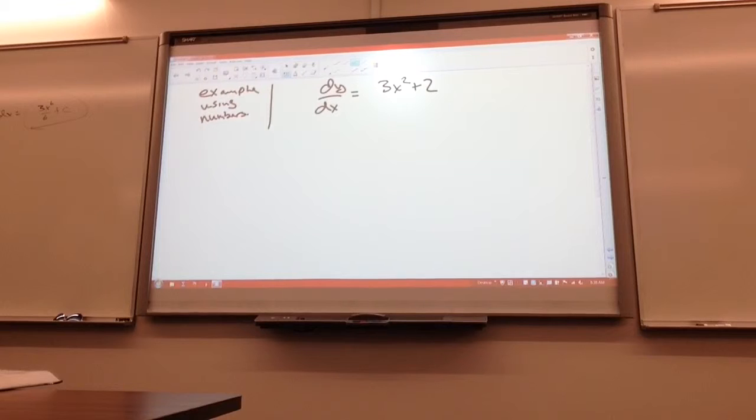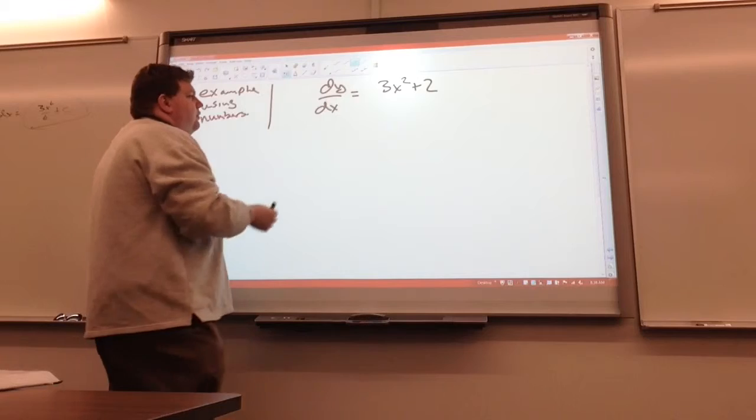What that's saying is that the change in y with respect to the change in x can be written as its own separate equation, being 3x squared plus 2, okay? If I wanted the original function back, okay, what I do is a quick rewrite here.